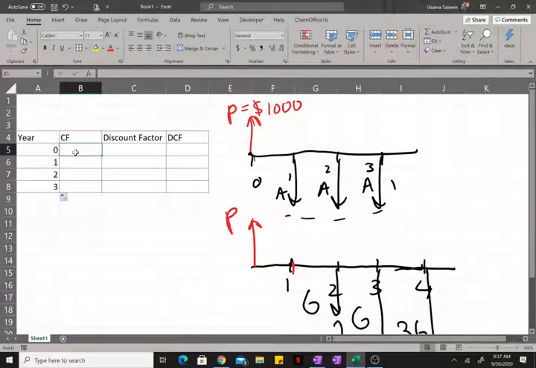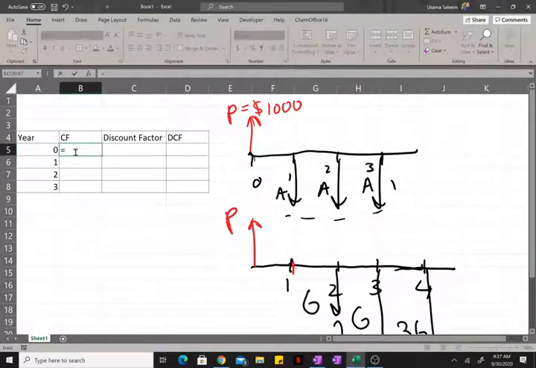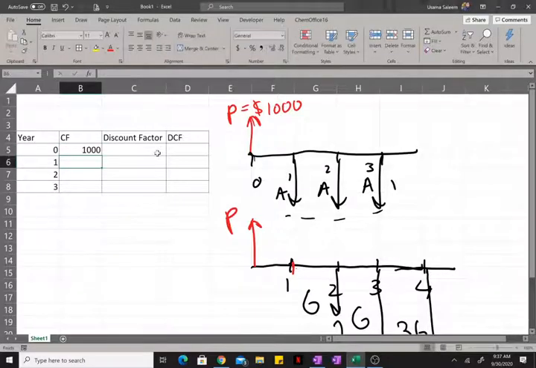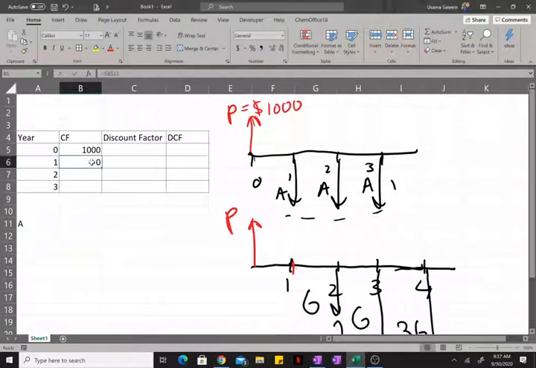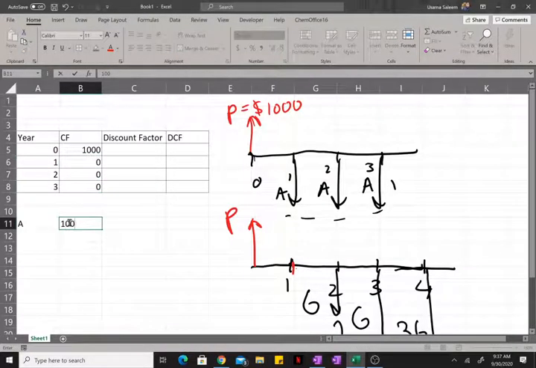At year 0 you have a positive. You're taking the loan of $1,000, and right now we don't know how much we'll be paying, so I'm just going to leave a guess value here, and make that an absolute reference. Let's say my initial guess was 100.